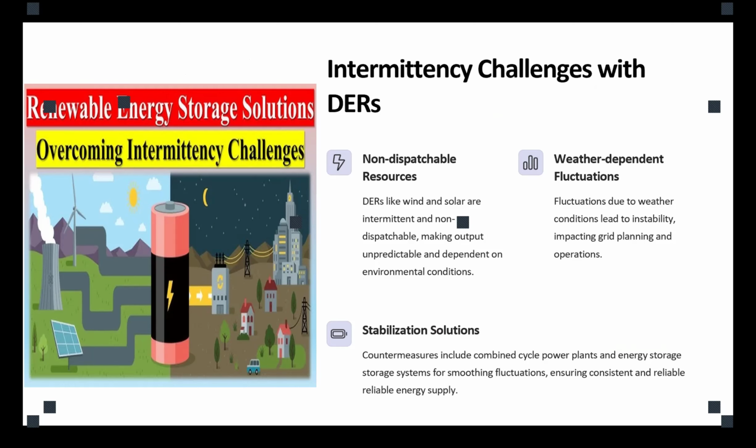You probably heard about the central control system of a power grid, the control room that defines when and how much each generator has to inject power into the grid, so they keep the balance between demand and generation. This is what happens in a conventional grid. But with DERs, it's hard to manage. If we don't want to say it's impossible to dispatch DERs, it's a very hard thing to do to control those resources.